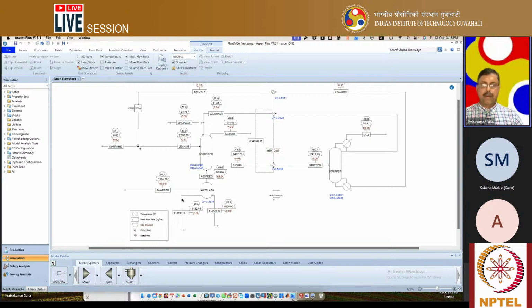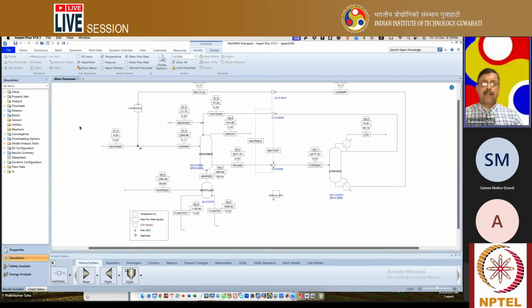Here you can see 69.69 kg per second of raw feed is being fed to the absorber. Only 3.45 kg per second stays with the absorber liquid, but the remaining gas has a mass flow rate of 70.81 kg per second, out of which 66.19 kg per second is only CO2.